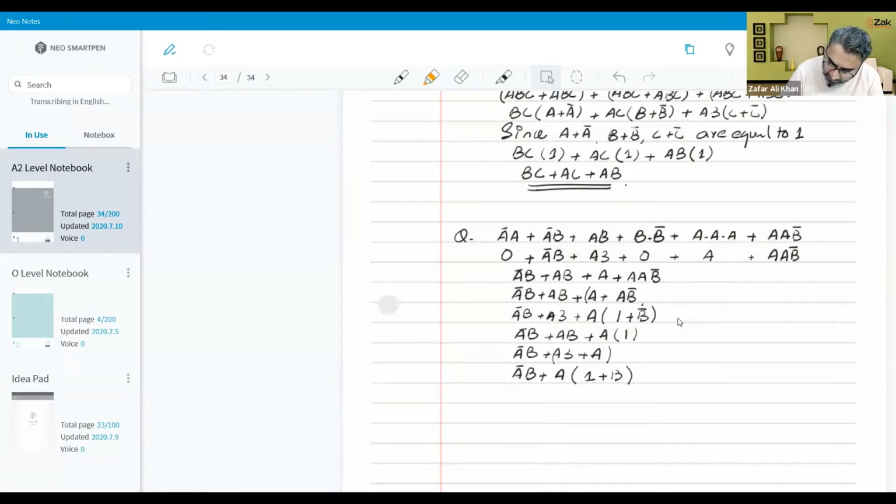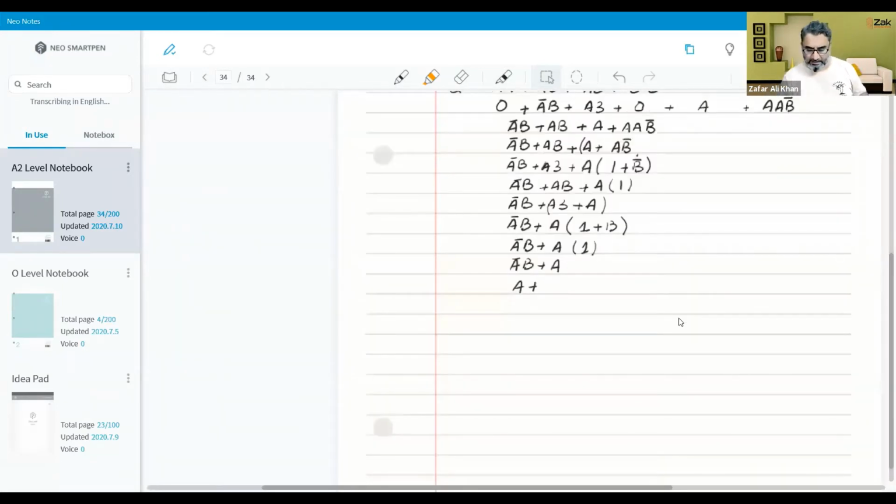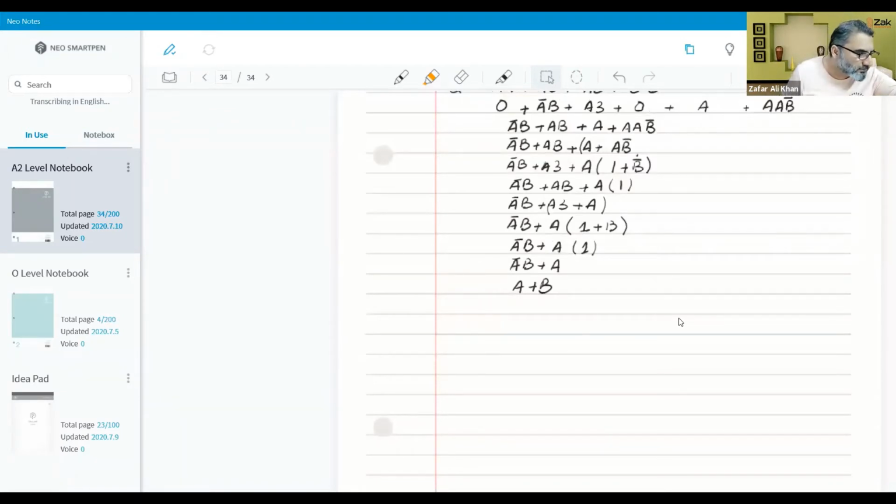So this would become A not B plus A into 1, which is A not B plus A. Answer is A plus B. A plus B. So the rule is A into B naught plus B is equal to A plus B. A naught into B plus A will be A plus B. This is absorption law. Absorption law.